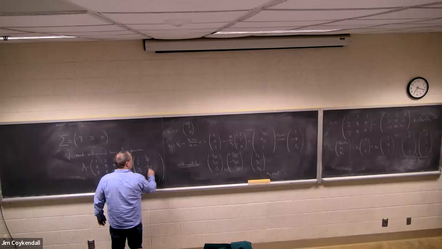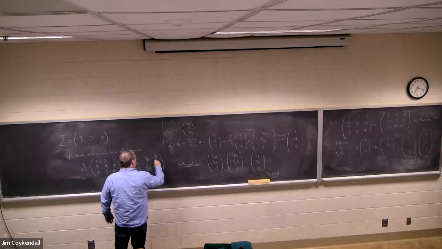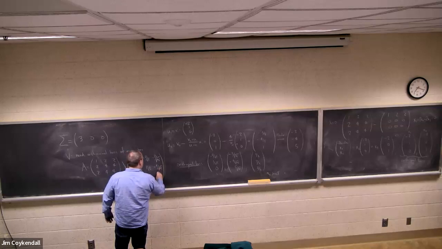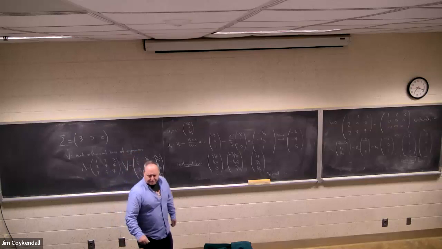Oh, mix and match here. I'm bad. Minus 2 over radical 5, 1 over radical 5, 0. Minus 2 over radical 45. Minus 4 over radical 45. 5 over radical 45. There's my V.